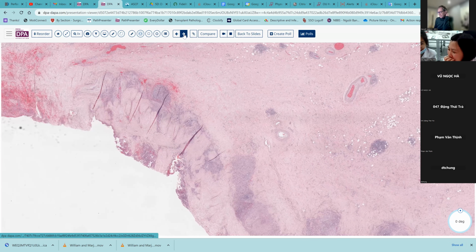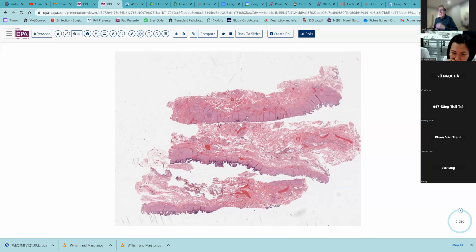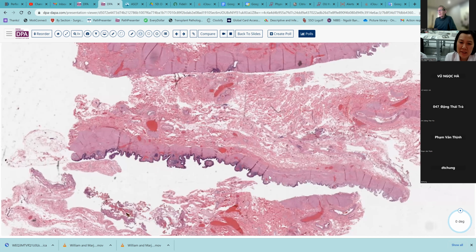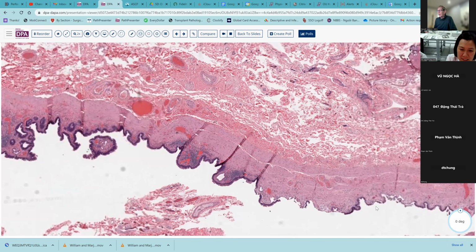Now, another lesion that can be mistaken for this or overlaps with this perhaps is so-called adenomyosis, where you get glands throughout the wall of the gallbladder. Now here's kind of our normal appearing mucosa over here.